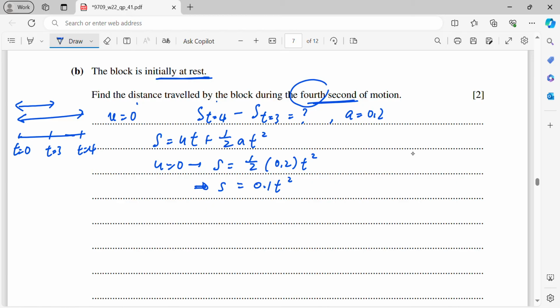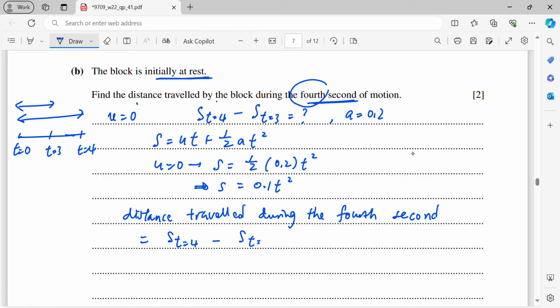So now, the distance traveled during the 4th second is S at t equals to 4 minus S at t equals to 3.